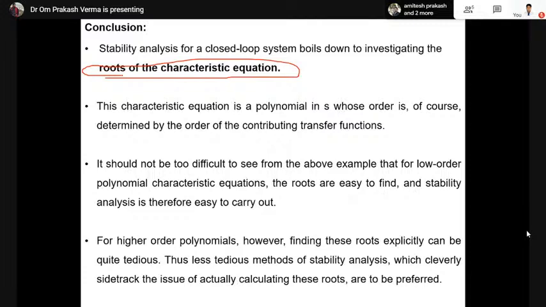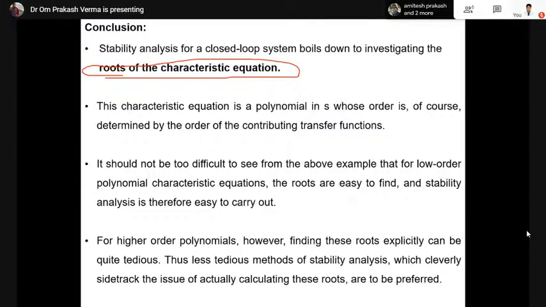As we can see from the above example, for a lower order polynomial like the second order, it is easy to calculate the roots and analyze the stability. But if the polynomial has a higher order, it is not easy to find the roots, and it is a very tedious task to solve higher order polynomials.